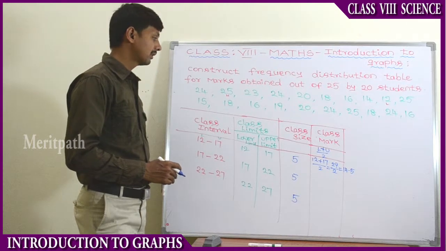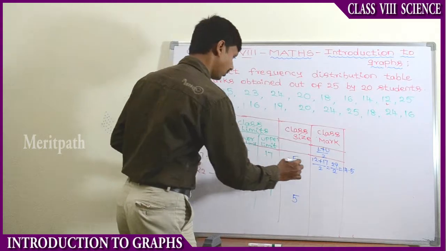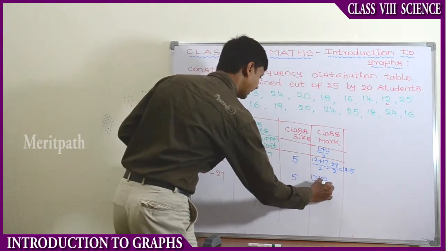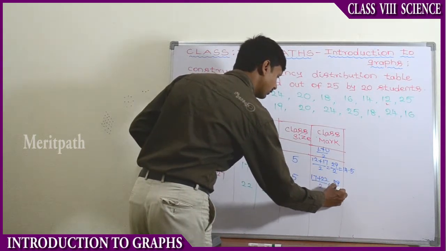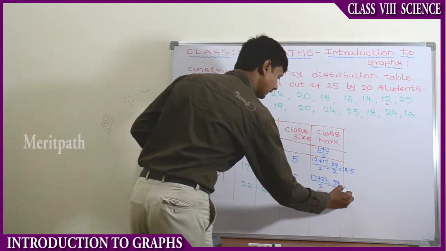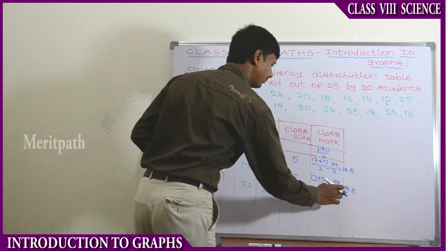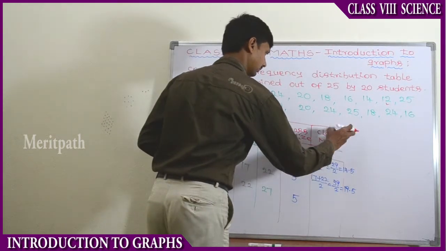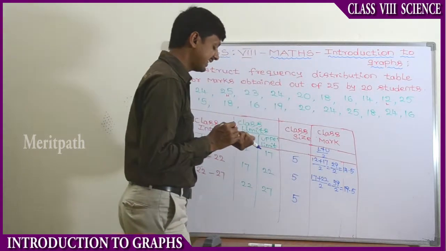The next class mark: we add both numbers, 17 plus 22, divided by 2. We get 39 by 2, which is 19.5.